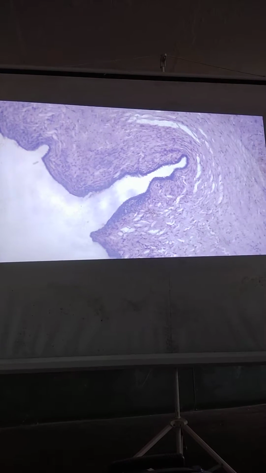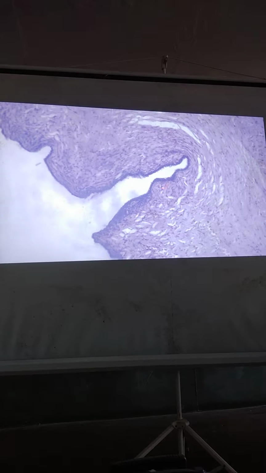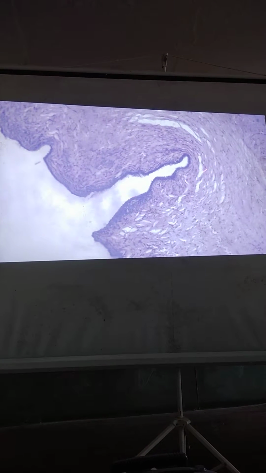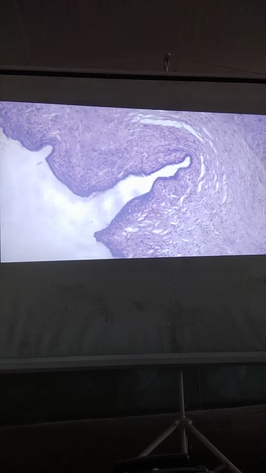Cystic lesions are usually labeled according to their epithelial lining. So if this epithelia recapitulates the lining of your fallopian tube, it is known as serous cystadenoma.